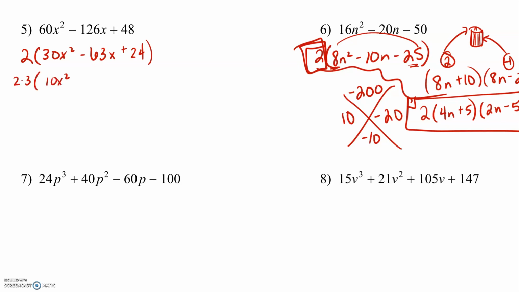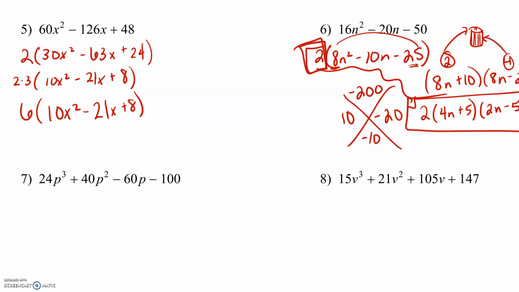So 10x squared minus 31, or no, sorry, 21x plus 8. Okay, so now we're at 6 times 10x squared minus 21x plus 8. Okay, so if you don't get the right GCF the first time, you should be able to see it the next time around and get that right one.